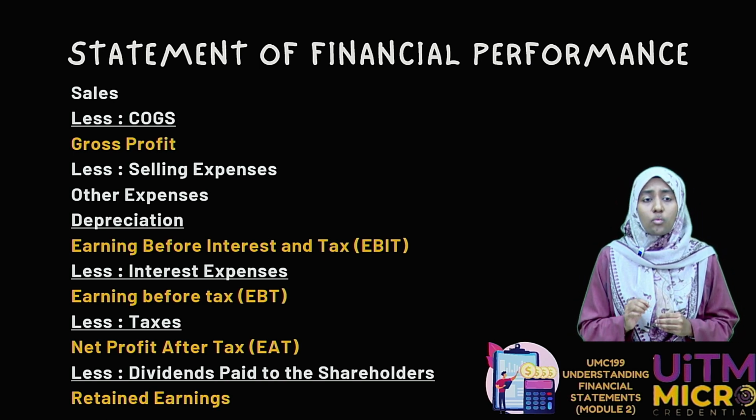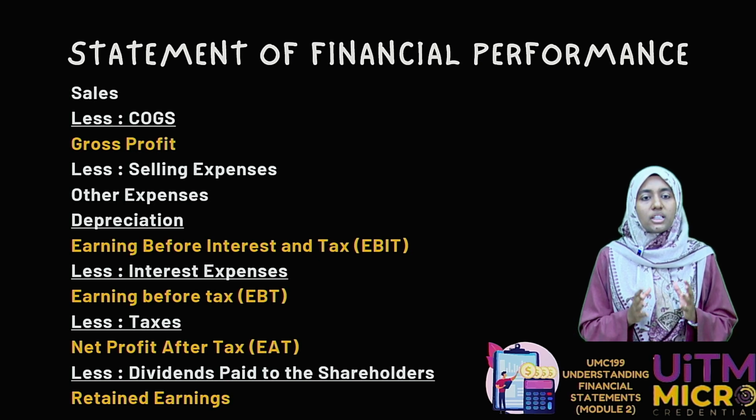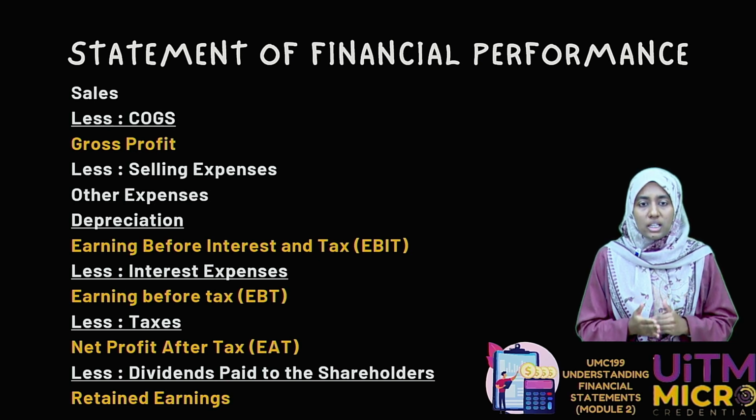Okay, now we are getting closer to the heart of the company's financial performance, which is the operating profit, or earnings before interest and tax, EBIT, also known as operating income.